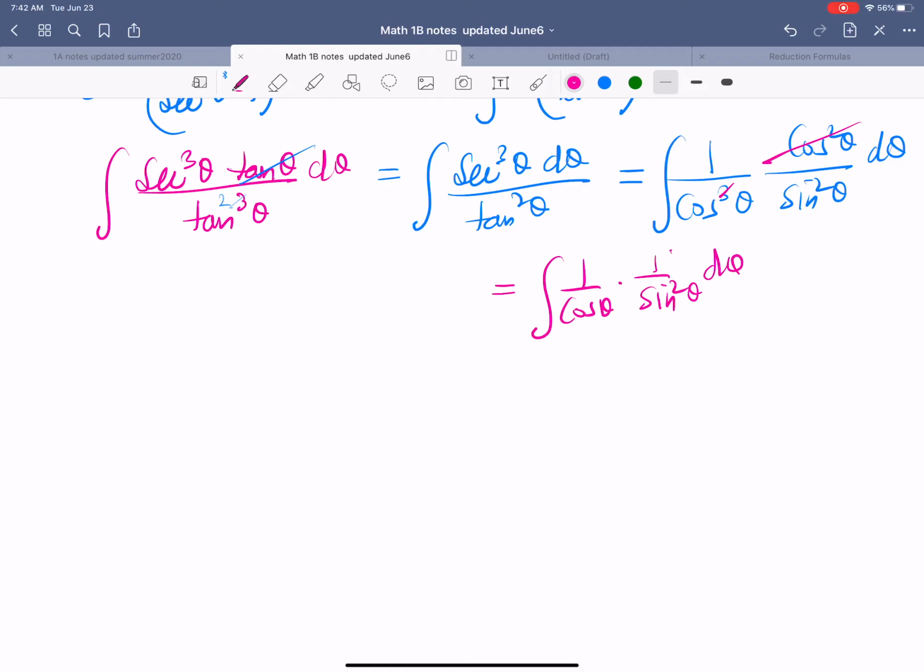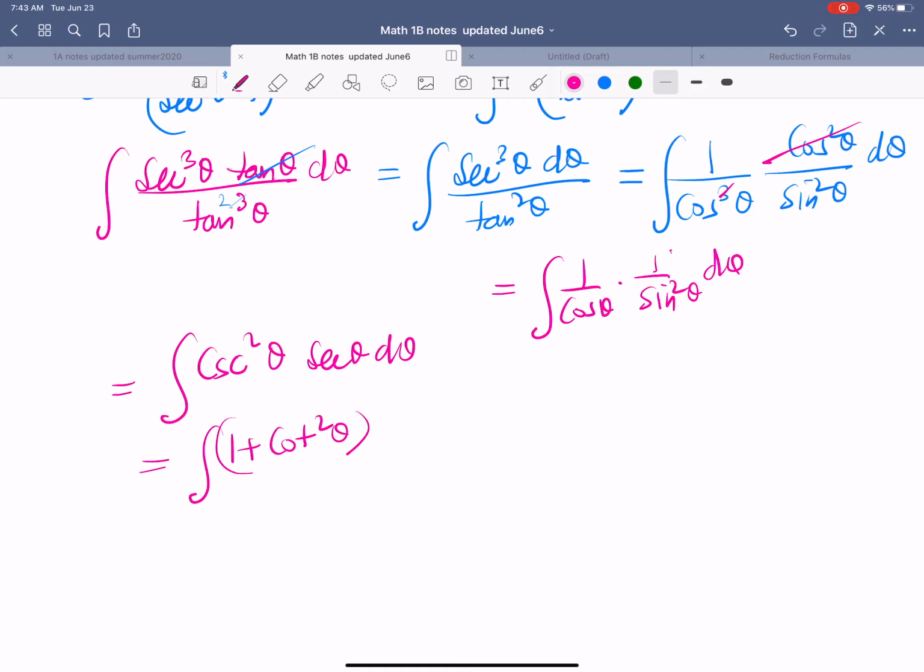What does that turn out to be? It doesn't really help me out. Let's write 1 over sine squared theta as cosecant squared theta and 1 over cos theta as secant theta d theta. What I can do here is replace cosecant squared theta with 1 plus cotangent squared theta, times secant theta d theta.